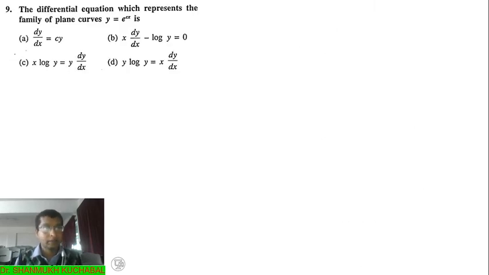Next example, the differential equation which represents the family of plane curves y equal to e raised to cx is. So the first step is to take the curve y equal to e raised to cx. Further we need to differentiate this one.